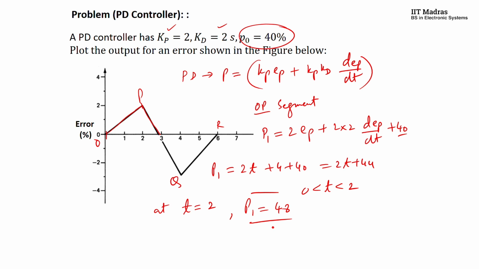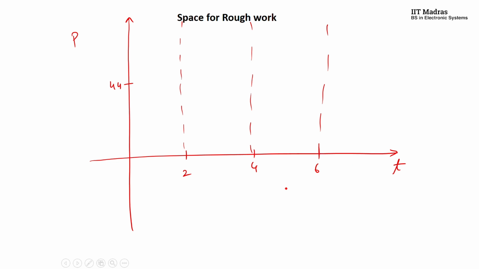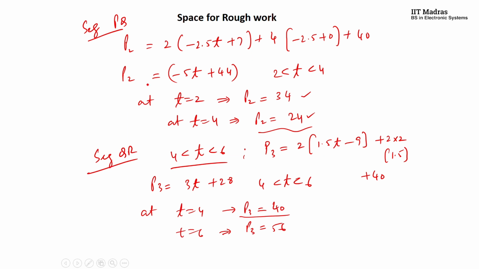What you see here in the first segment is that at t is equal to 0, you have 44, and then you jump to 48. So 44 to 48 is what we need to draw for the first segment. So you have gone up to this point in the first segment. Then in the second segment, you came to 34 at the same time interval, and you have jumped to 24.